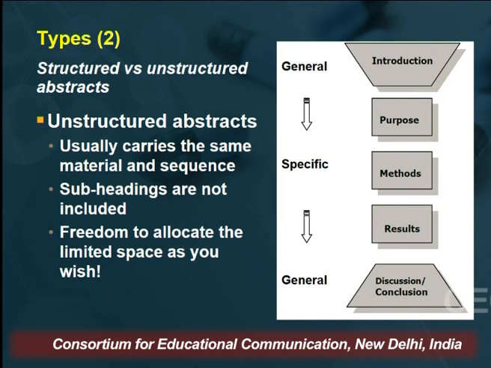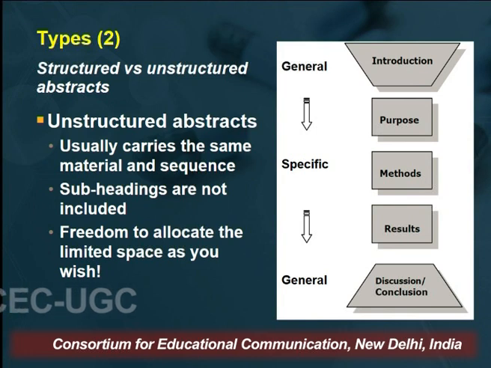Unstructured abstracts usually carry the same material and sequence, but the subheadings are not included, and you have the freedom to allocate the limited space as you wish. Introduction, purpose, methods, results, discussion and conclusion all become part of unstructured abstracts as well as structured abstracts.